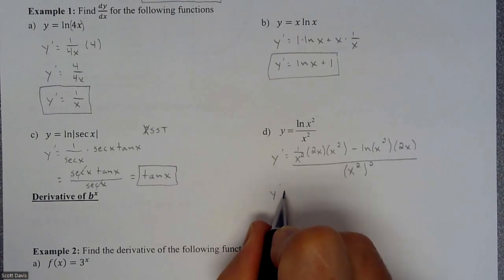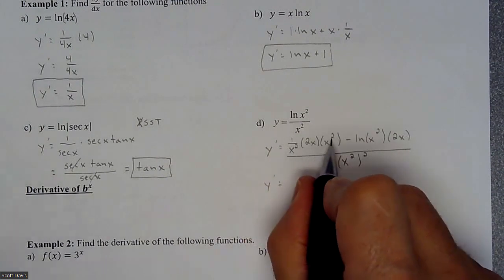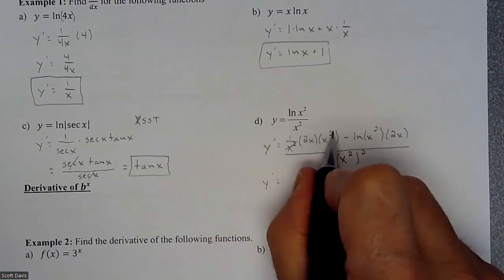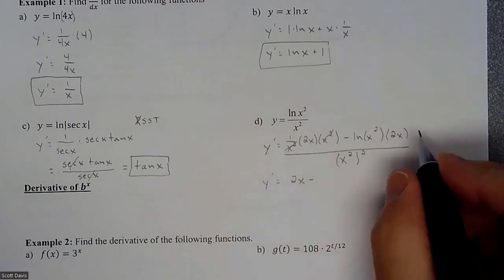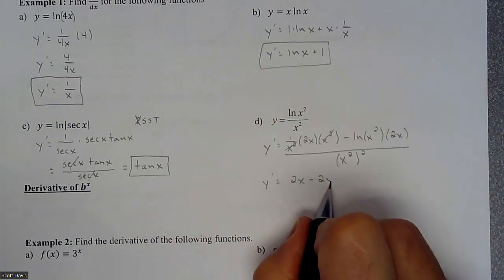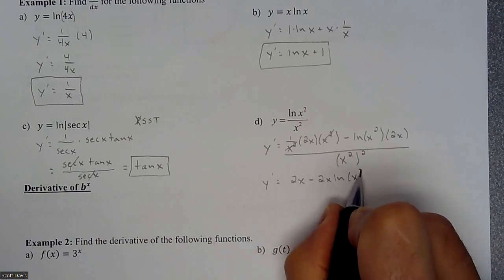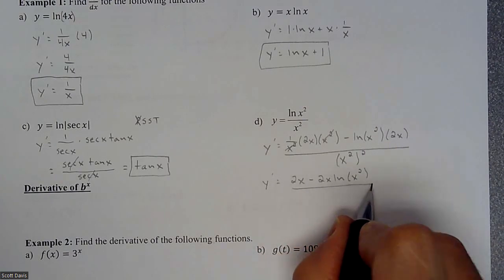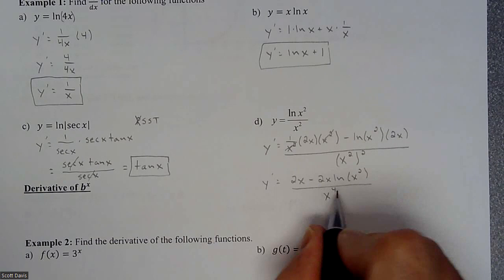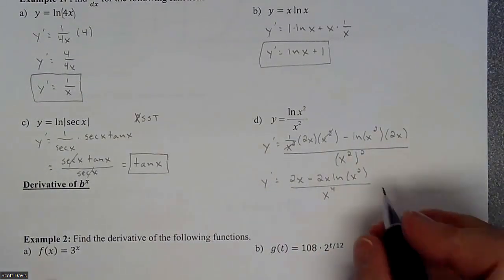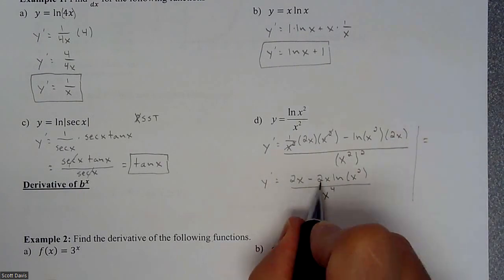All right, let's clean it up. If we start going through this, the x squared is going to undo that x squared. You're just left with a 2x minus 2x natural log of x squared divided by x to the fourth. Now it doesn't feel like we can do much, but there is actually a little bit we can do. We can take a 2x out of those.